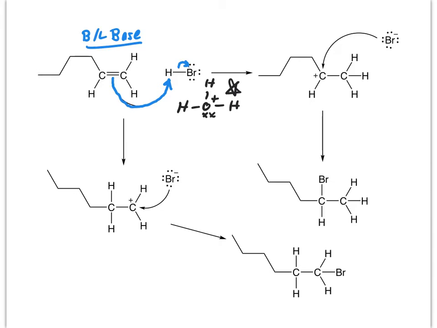Okay, and so we've got 2 potential paths. The question is, does this new hydrogen ion end up on the end carbon, making a secondary carbocation, or does it end up on the secondary carbon, making a primary carbocation?